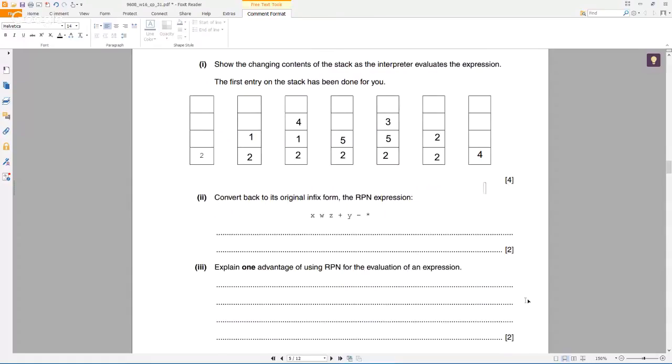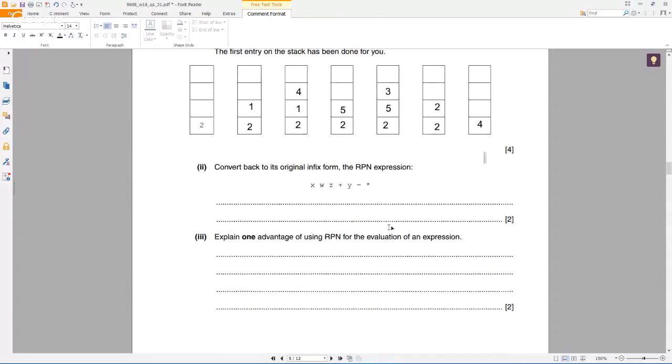Then the next step is you have this expression here as an RPN expression. You want to convert it back to the infix notation. In order to do that, you need to basically do the opposite approach. So we need to find the first operator, that is plus, and then this will become y plus z.